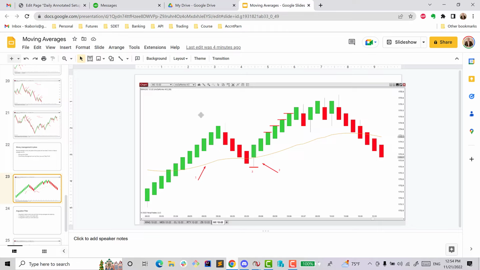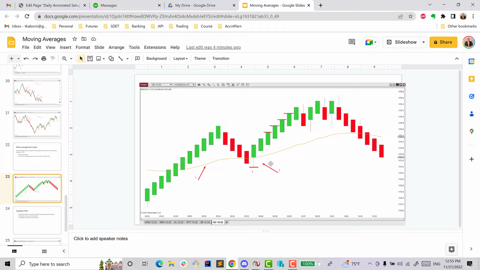We have a clear bounce from EMA, right? And we have stop loss. So these three make the whole strategy basically. Your take profit would be here if you would just be using scalper's profit, or you could trail for more.